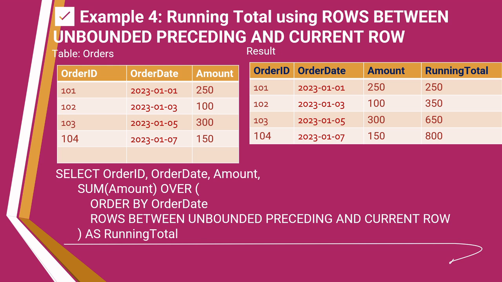This is functionally similar to the default behavior of the OVER ORDER BY clause, but gives us more control in complex scenarios, especially when you want to modify the window range later.